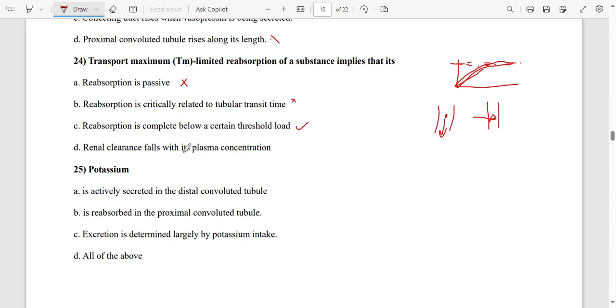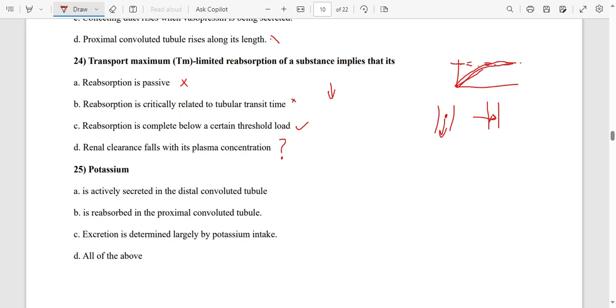Renal clearance falls with its plasma concentration. This one I'm going to put a question mark. But of course, normally what happens is that if a substance is less in blood, even its clearance, the way it's going to be released in the Bowman's capsule, is going to be less because it is less in blood.